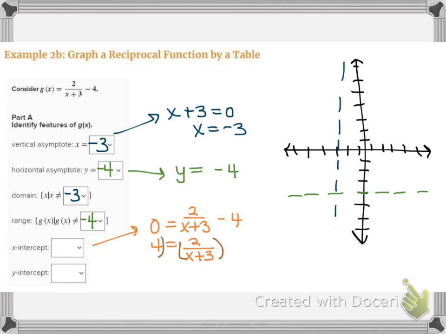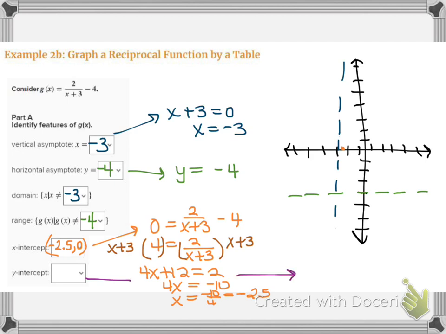After I subtract 4, I'm going to multiply both sides by this denominator. Then undo. And I get x equals -10/4, which is -2.5. So let's draw our x-intercept on that x-axis at -2.5.